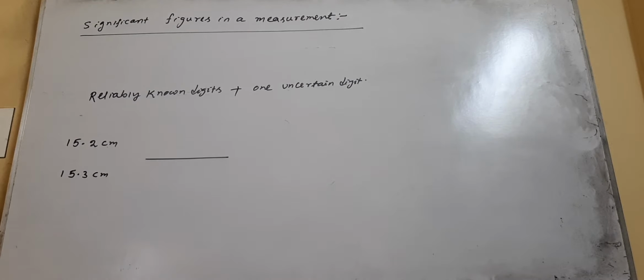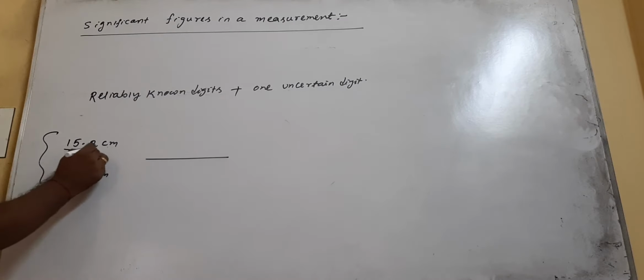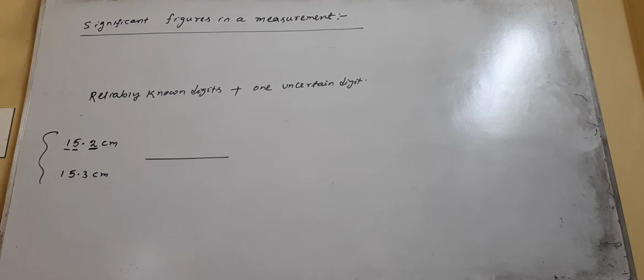If you compare these two measurements, you see upon these two digits, 1 and 5, you have the confidence. That means these two digits are certain digits and this digit is uncertain digit.